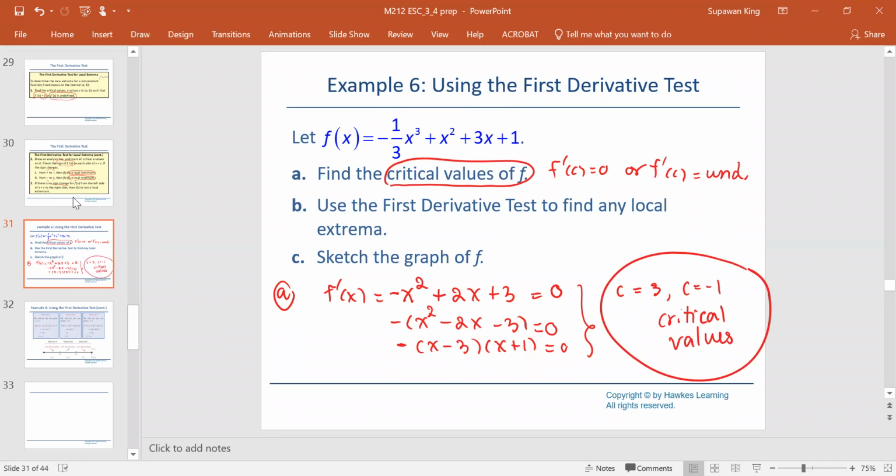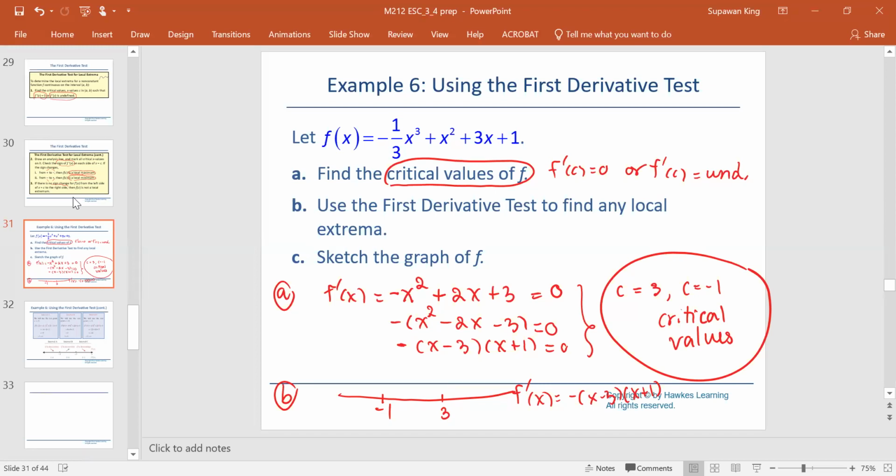And then part B, we're going to use the first derivative test to find any local extrema. Let's draw the real number line. Put the values of c on the line, which are negative 1 and positive 3. For f prime of x equals negative of (x minus 3) times (x plus 1), pick a value on the right side of 3.